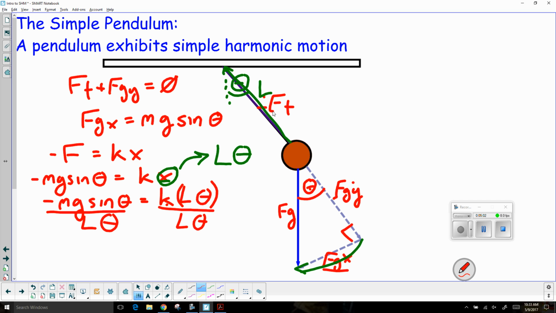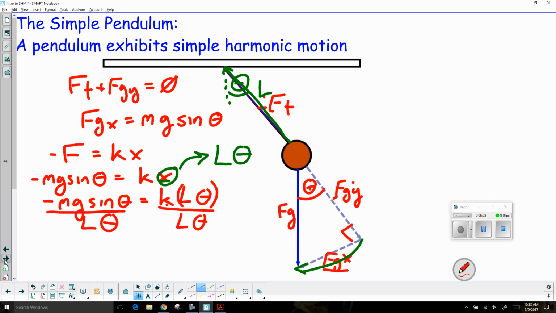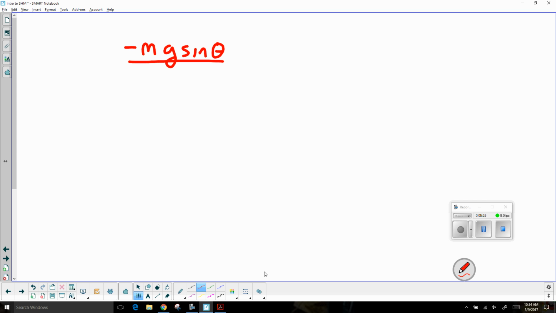What I'm going to do with that expression for k will be on the next slide. So I've got negative mass, gravity, sine theta, all over what I had on my previous slide, divided by the length, times theta, equals my new spring constant.